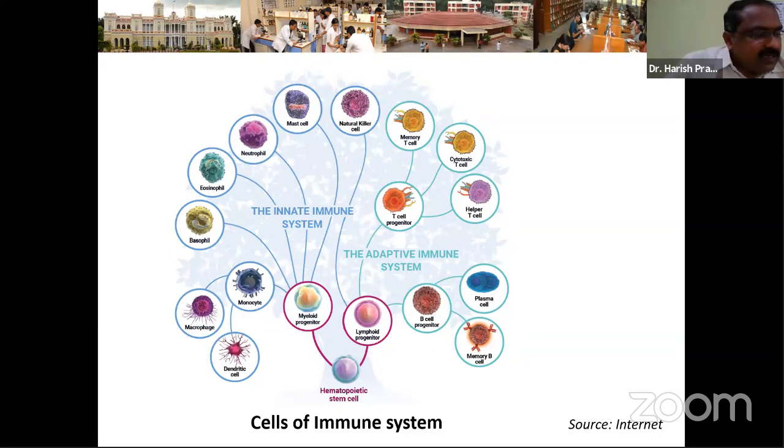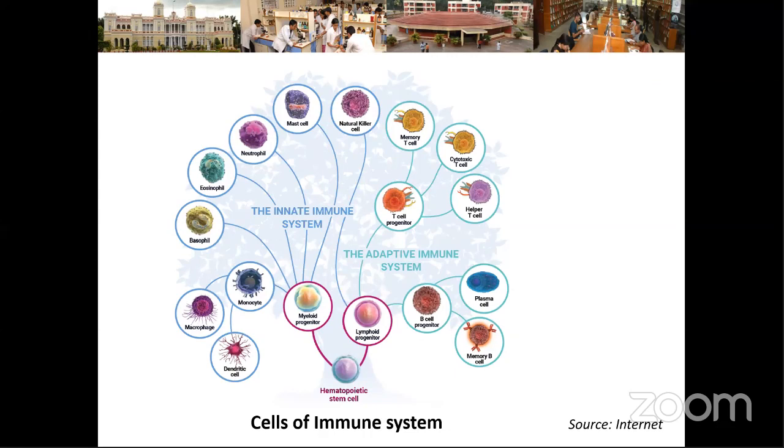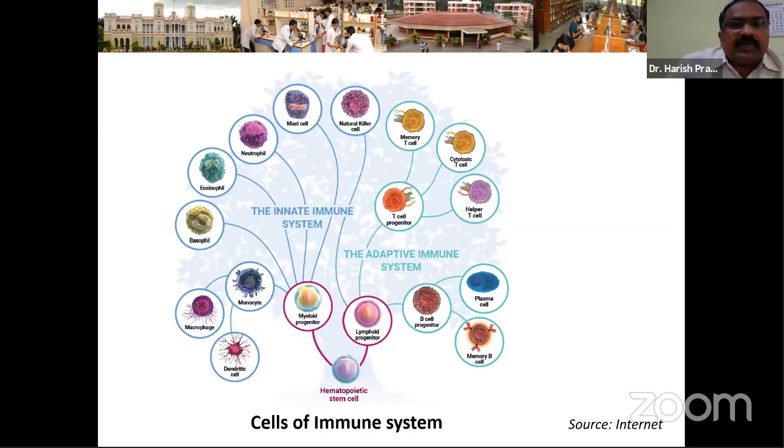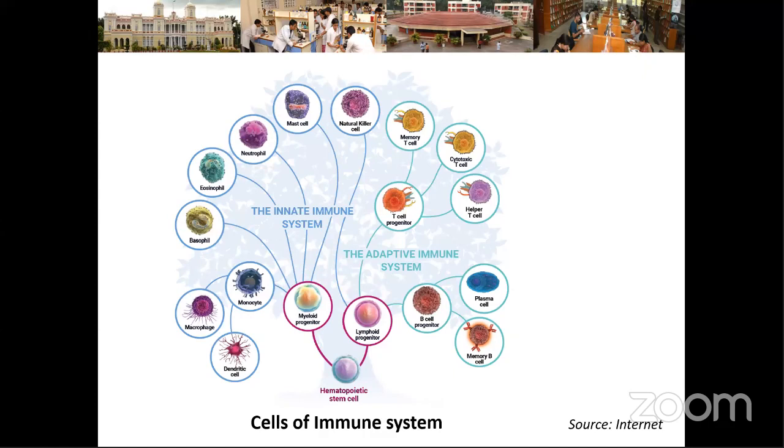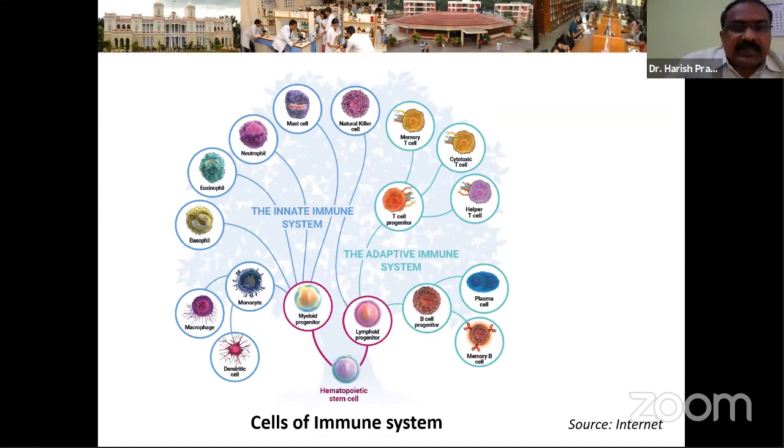The lymphoid progenitor differentiates into three major cells: B cells, T cells, and natural killer cells. The myeloid lineage gives rise to the innate immune system, while the lymphoid progenitor leads to the adaptive system.